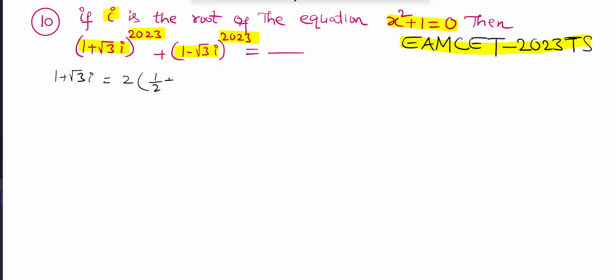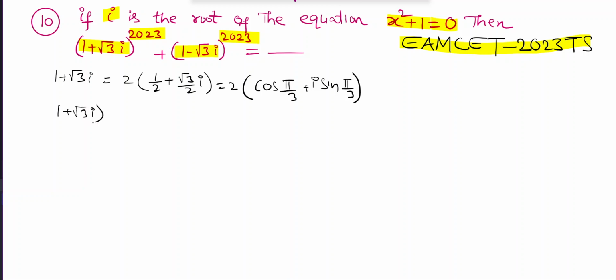One by 2 plus root 3 by 2 into i. This is 2 into (1 by 2 plus root 3 by 2 i), whose value is cos pi by 3 plus i sin pi by 3. Now we find (1 plus root 3i) whole to the power of 2023, that is equal to 2 to the power of 2023 into (cos pi by 3 plus i sin pi by 3) whole to the power of 2023.